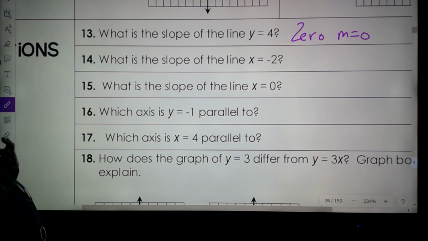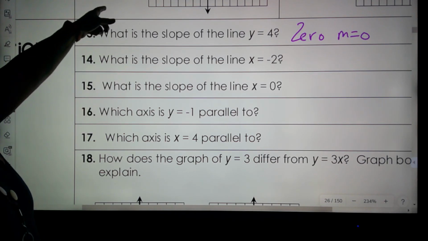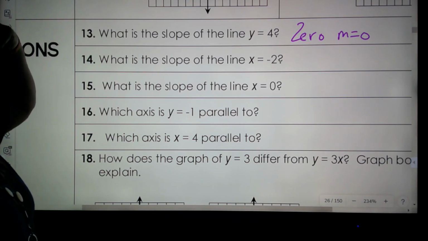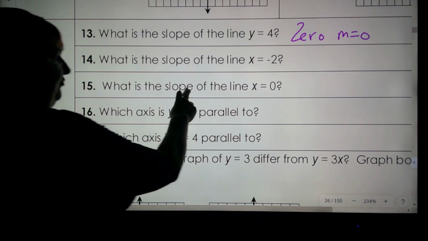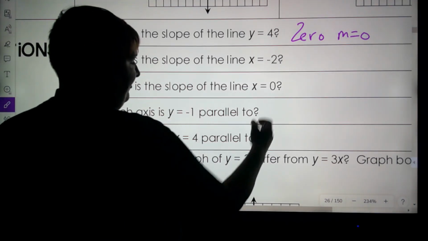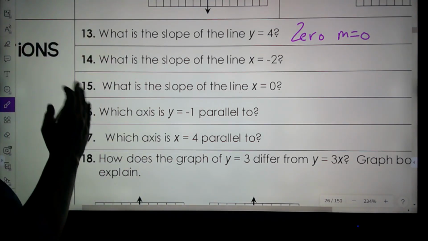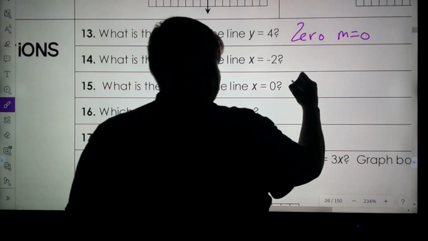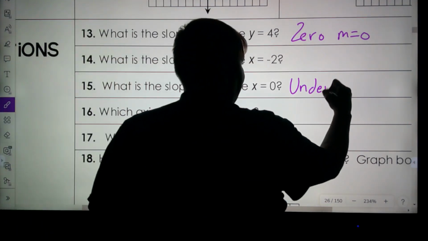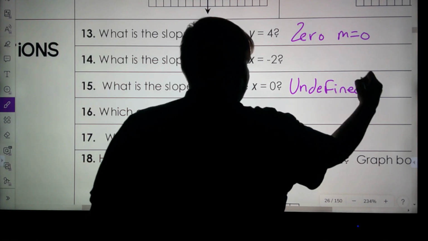Learn to visualize it. Go back up and use one of the graphs that's already there and create a visual in your mind. What is the slope of the line x equals 0? Straight up and down, so it's undefined. There is no slope.